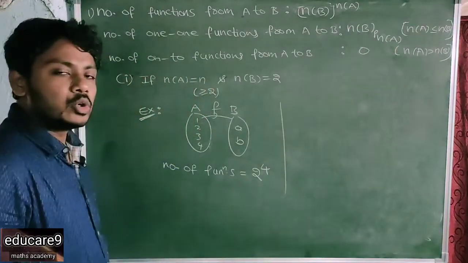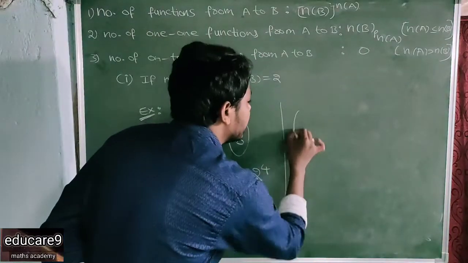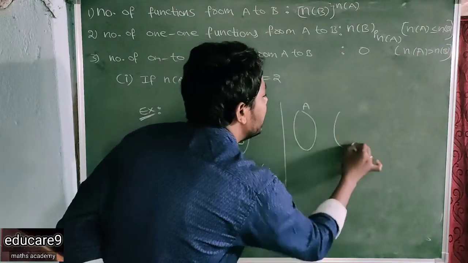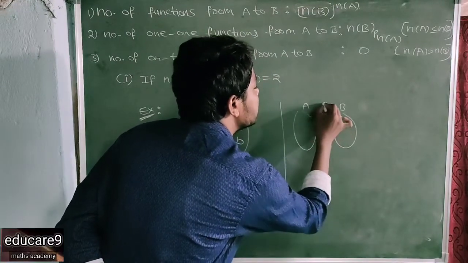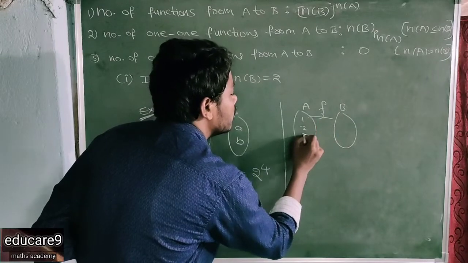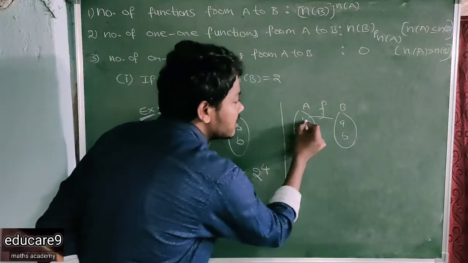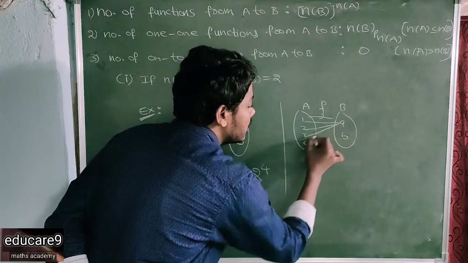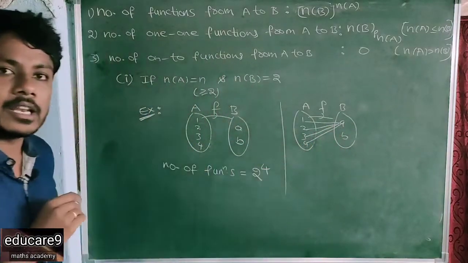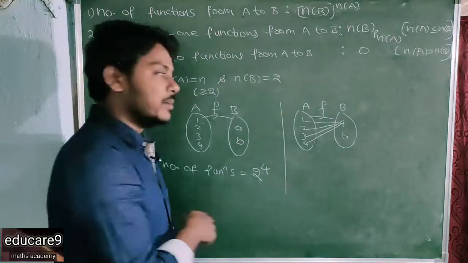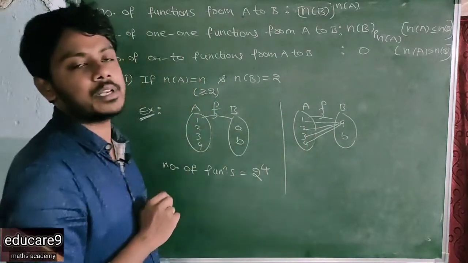So here there are 2 chances. First chance: A, B, relation is F, 1, 2, 3, 4, A, B. Here all elements are mapped to A. This is a function but not onto because B does not have any preimage.